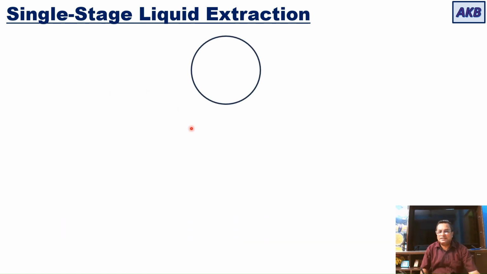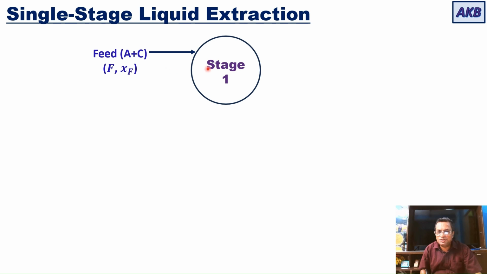Now let us represent the single stage liquid extraction operation schematically. Let this circle represent the single stage that we are talking about. I am calling it stage 1. Feed is admitted into the stage. Feed is a solution of A plus C, and we are going to identify it using two parameters, F and XF.